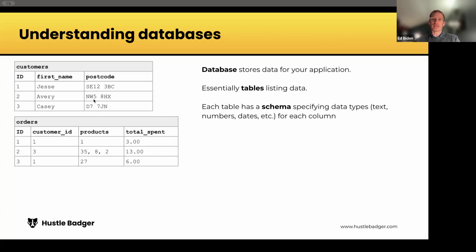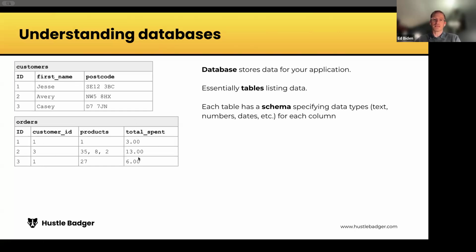Each of the columns, as I say, defines what's effectively called the schema. So the schema for the table is what kind of information is allowed in each of these columns. Your first name might be a text field or a text string, so it's looking for strings of characters, whereas your customer ID might have to be an integer.